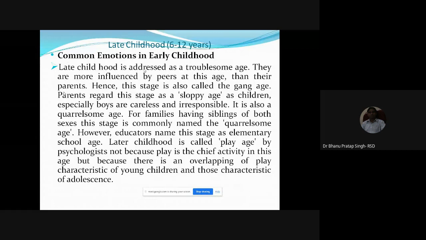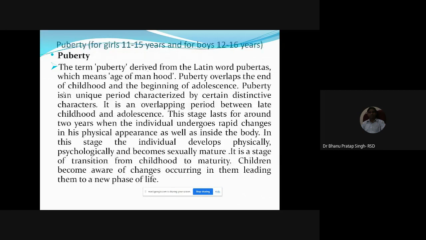And finally, this is the kind of age which leads into a very important age known as the adolescence age. Before going to the adolescence age, there is a term, puberty. It is derived from the Latin word pubertas, and it means the age of manhood.